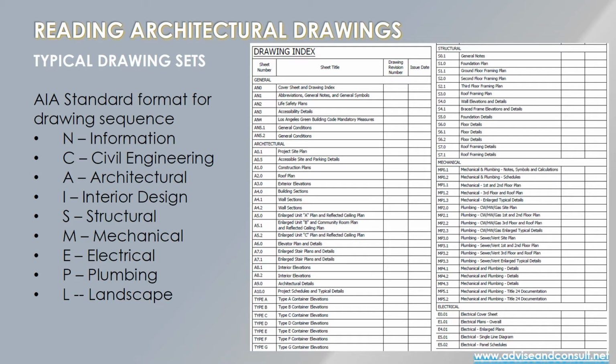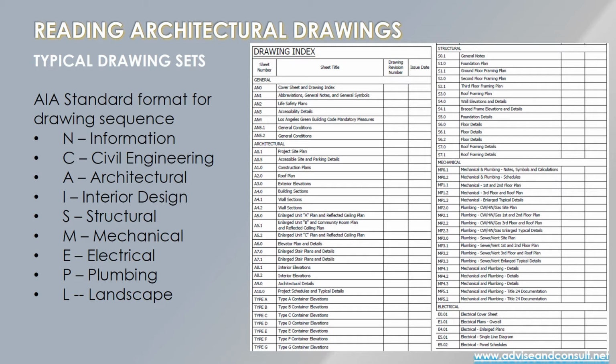The standard sequence is generally, again, for a larger commercial project, you'll find these, maybe not quite as much on smaller projects, but N is just information, abbreviations, notes, ADA details, all the standard information that goes into every project. Those sheets, just as an aside, in an architectural firm, are virtually never changed. They're just boilerplate sheets that go in.